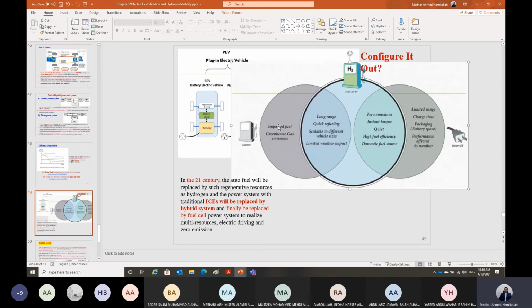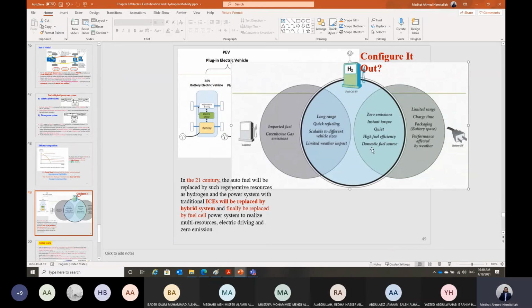But the internal combustion engine results in greenhouse gas emissions, and it is less efficient. The hydrogen fuel cell also shares some important features from the battery electric vehicle, like zero emission. Also, we have instant torque. It is quiet and has high fuel efficiency.